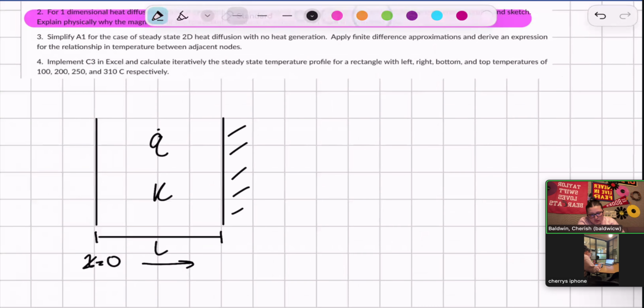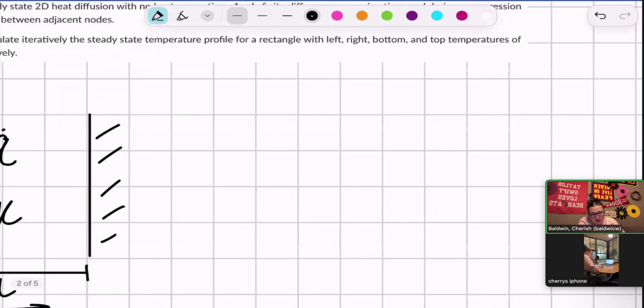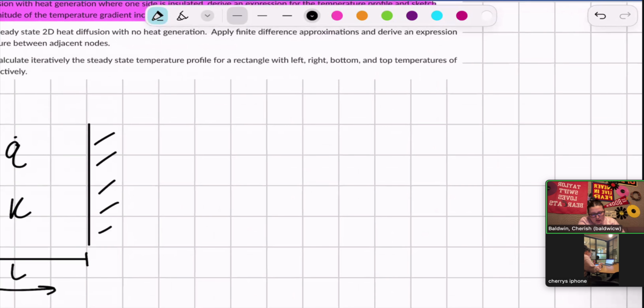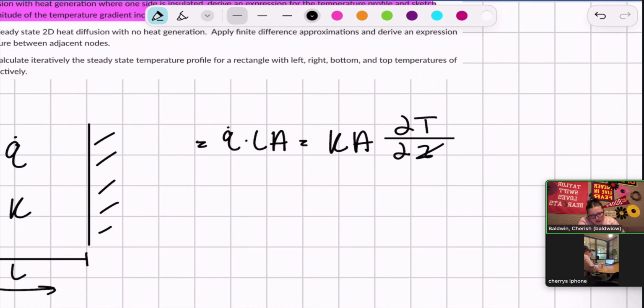All right, so energy generation is equal to q times the volume, which is length times the area. And this is equal to k, Fourier's law, k times the area times dT over dx.